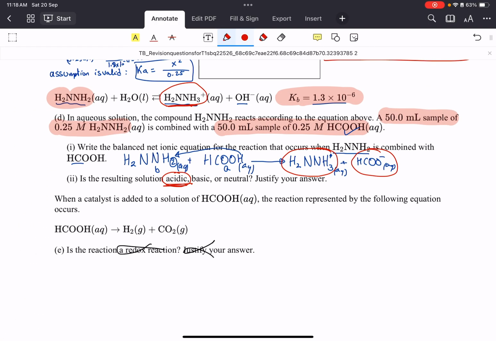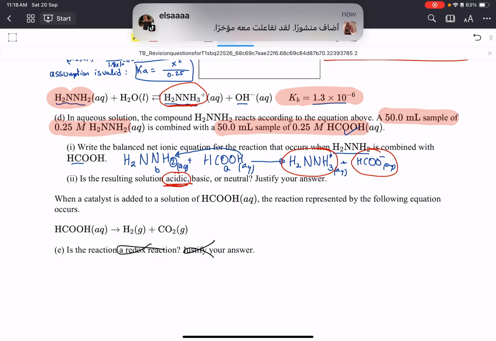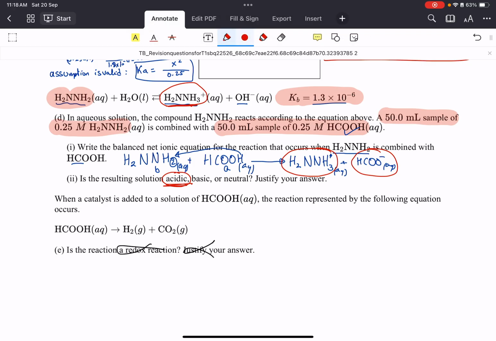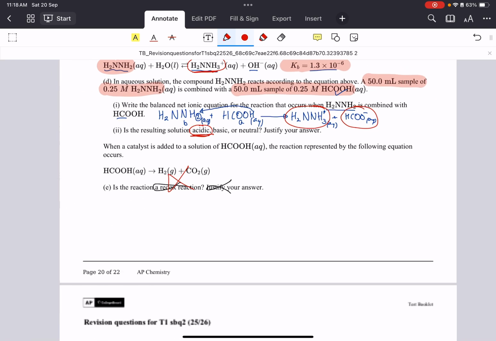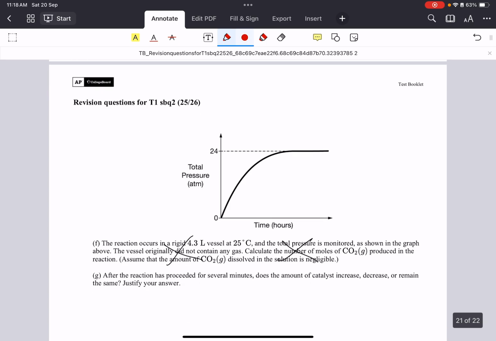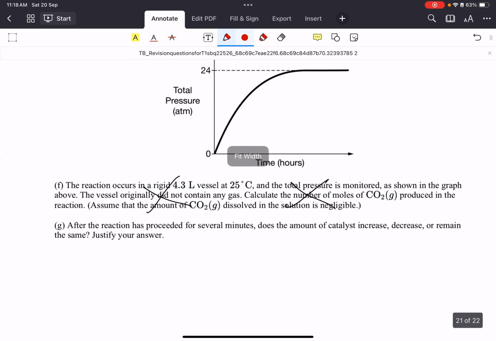Moving on, when a catalyst is added to a solution of HCOOH, the reaction is represented by the following equation: HCOOH gives H2 and CO. Is this reaction redox? I am excluding this from the question. Now let's move on.